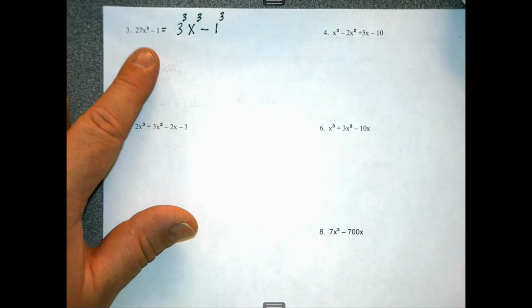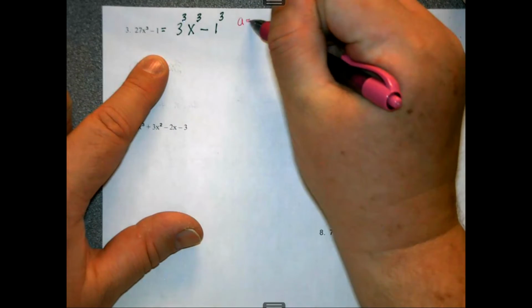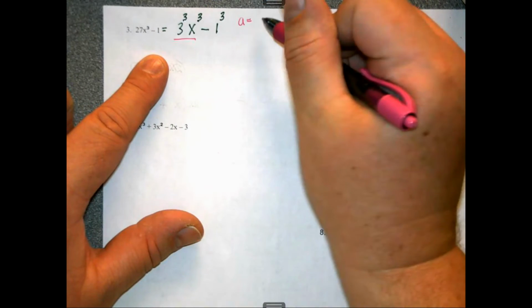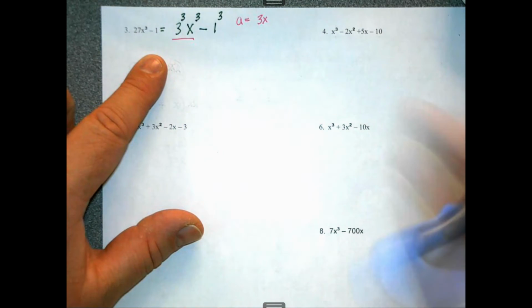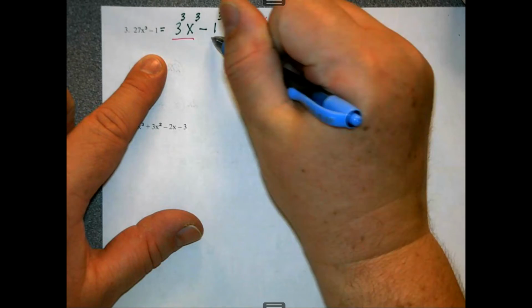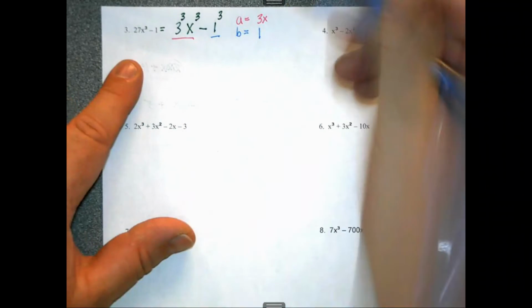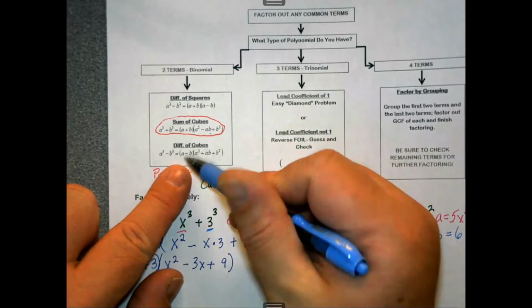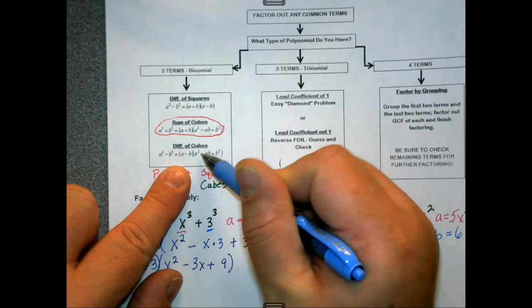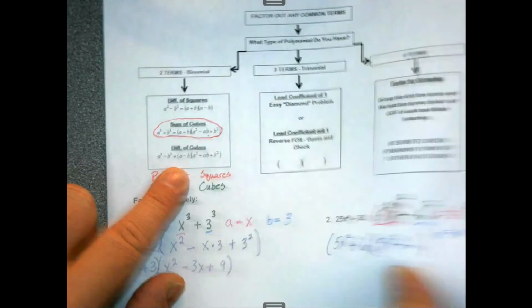Define our variables. What's our a? 3x, right? What's our b? 1. So if we look at the formula for difference, it's just the sign change for the first two, right? A minus b.